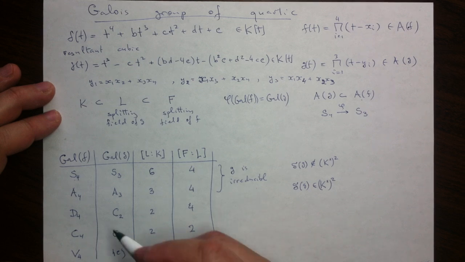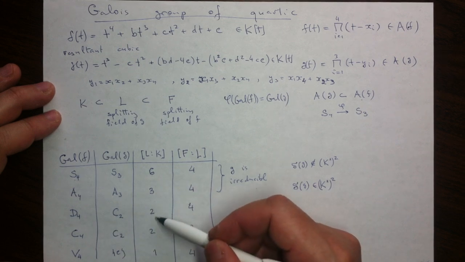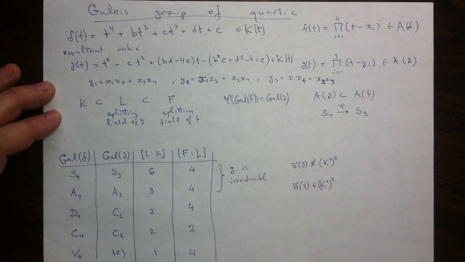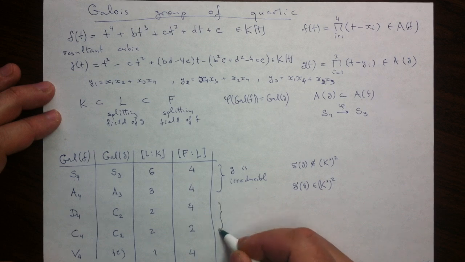So the next two possibilities say that the degree of the splitting field of the resultant cubic is 2. So G cannot be irreducible. It has to be reducible into something which has exactly one root, and then the other factor will be an irreducible quadratic, and it will have the symmetry group as it should, the cyclic group of order 2.